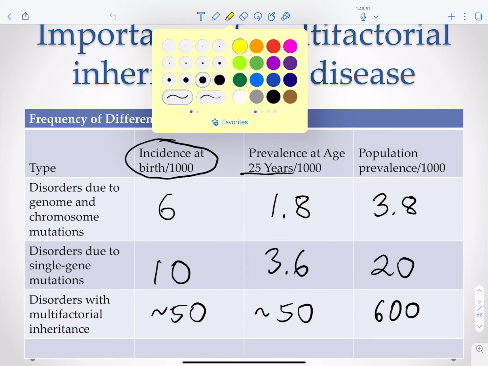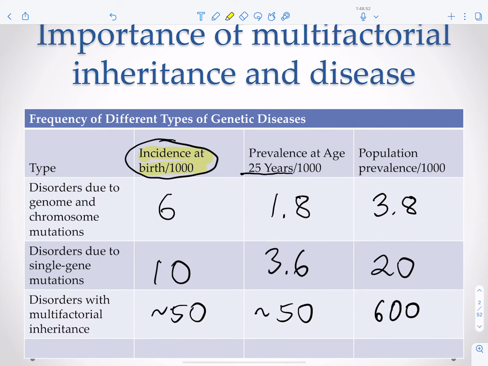Genetic diseases have incidence at birth, prevalence at about 25 years, and then population prevalence overall. If you have disorders due only to genes, such as single gene disorders or chromosome abnormalities, the incidence is highest at birth.